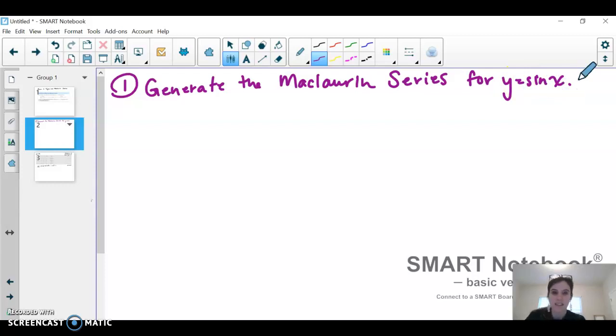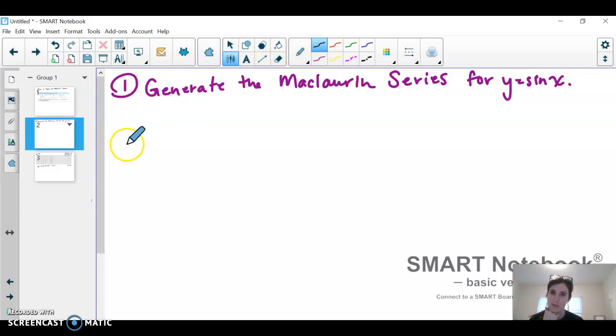Essentially, we're doing something very similar to what we did with our power series, in our representation of functions as power series. We're going to find the series representation for y is equal to sine of x using a Maclaurin series. Thinking about that definition you just copied down, we could find each derivative, plug in our center, and then put it into our series notation.